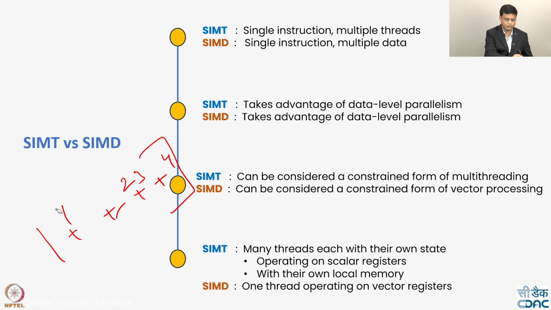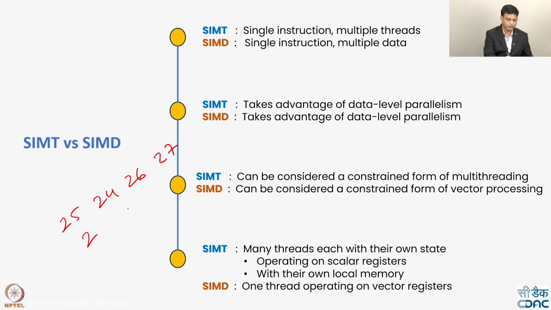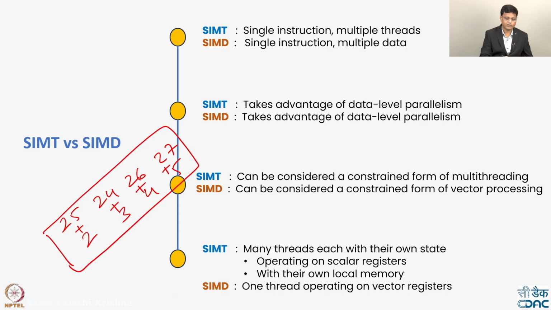Now, just think about SIMD. I have again the same kind of elements, suppose 25, 24, 26 and 27, and I want to perform addition of 2, 3, 4 and 5. The operation is addition among each of these elements, but all elements are being processed by a single thread, because it has the capability of vector registers.